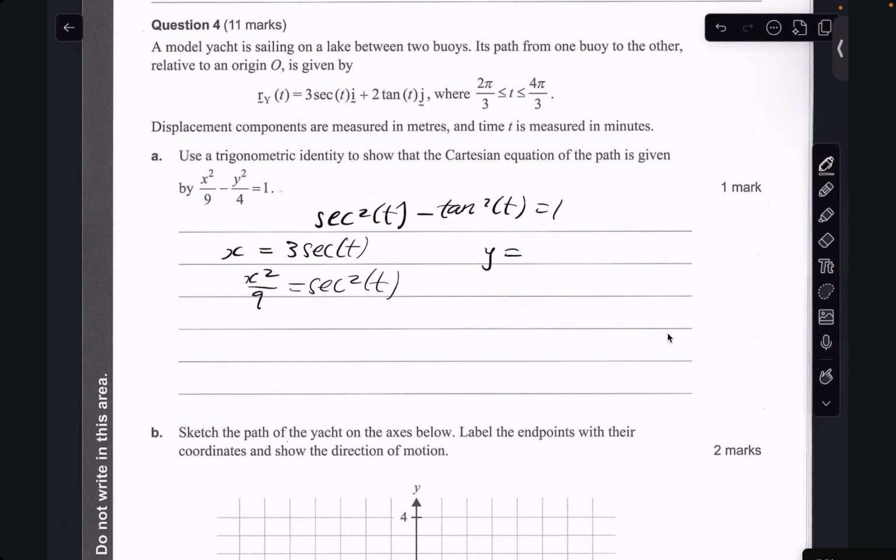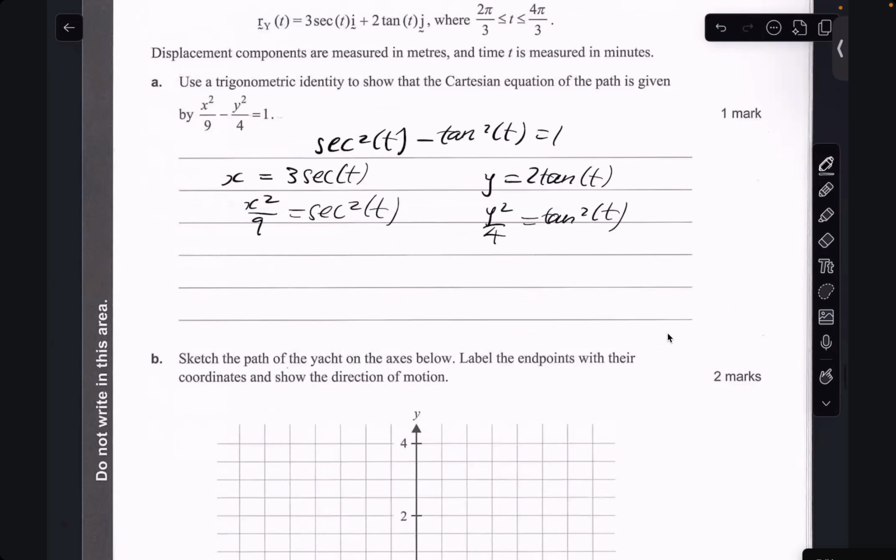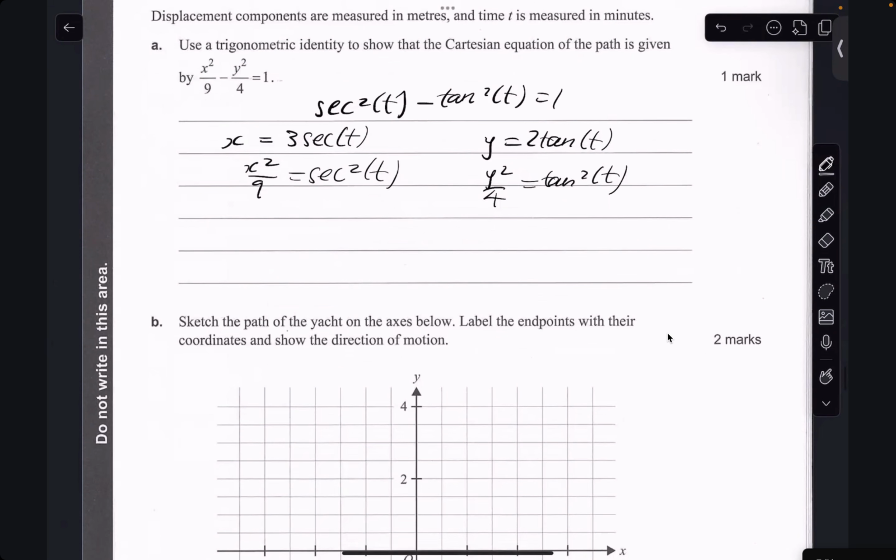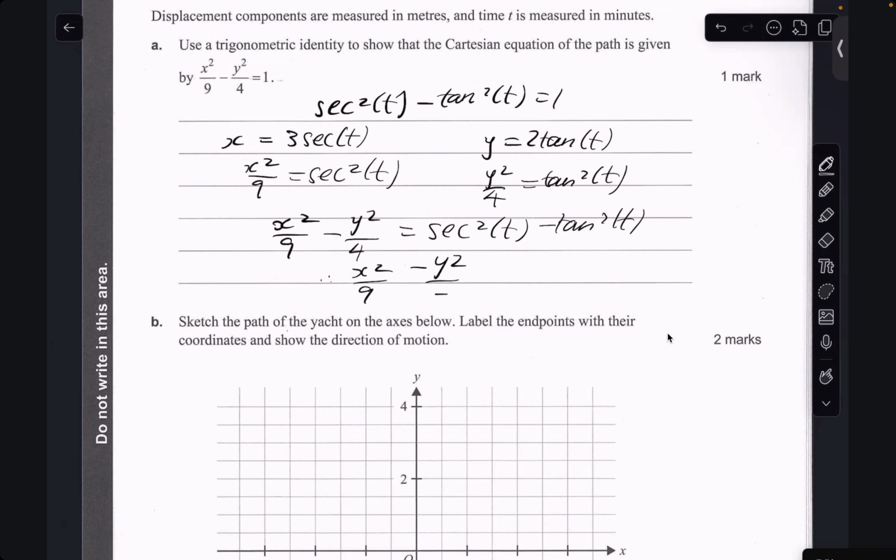Y is equal to 2 tan t, so y squared over 4 is equal to tan squared t. So we've got, therefore, x squared on 9 minus y squared on 4 is equal to sec squared t minus tan squared t. Therefore, x squared on 9 minus y squared on 4 is equal to 1.